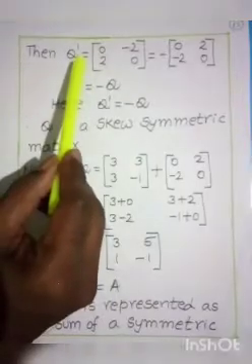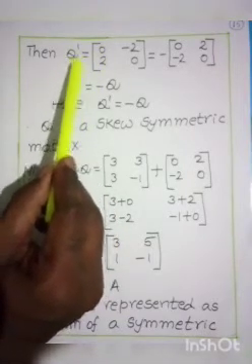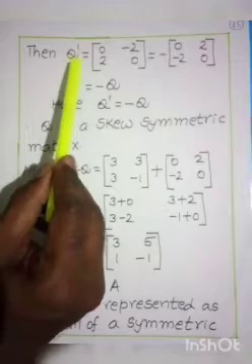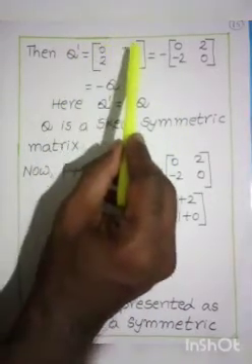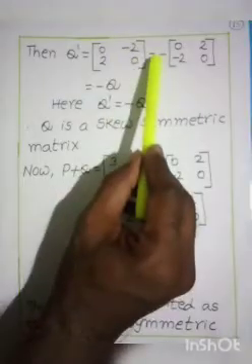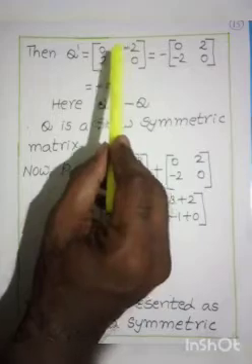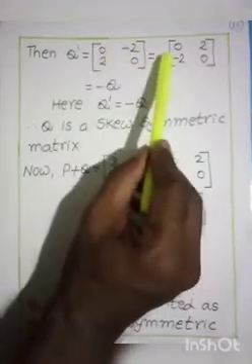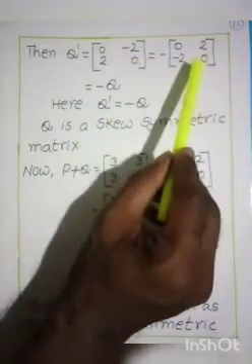Then Q dash is equal to, we are finding here transpose of matrix Q. Okay, my dear children? Right. That is equal to 0 minus 2 to 0. That is equal to minus of, we are taking minus common from every element of this matrix. So minus of 0 to minus 2, 0. Understood this step, my dear children?